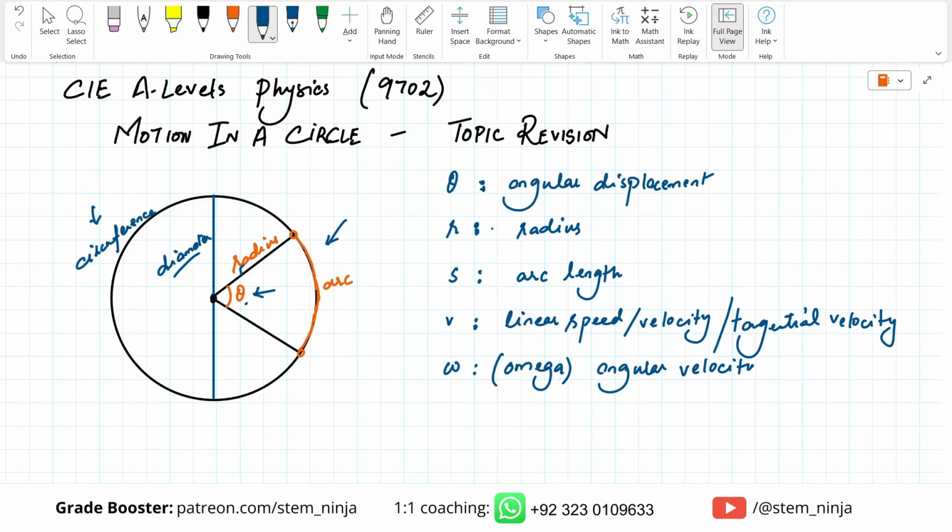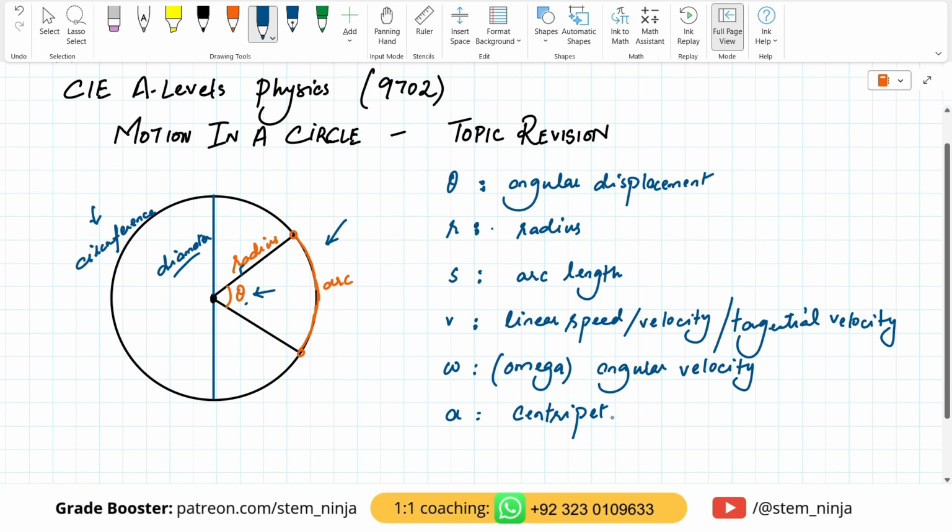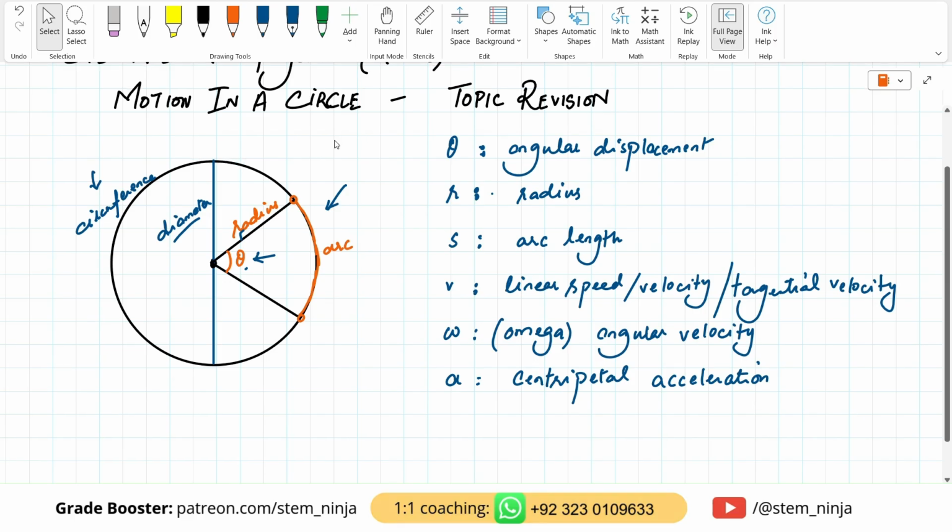Since we're talking about circular motion, obviously we have to talk about the circular part also. Centripetal a would be centripetal acceleration, and last but not the least, centripetal force.